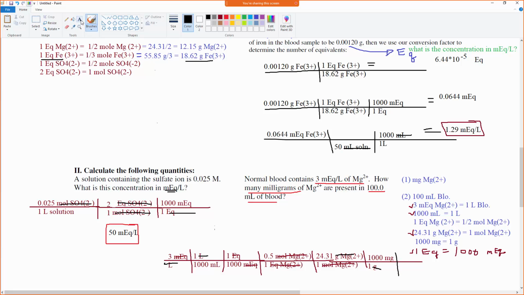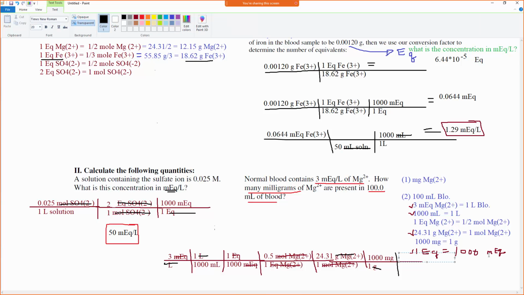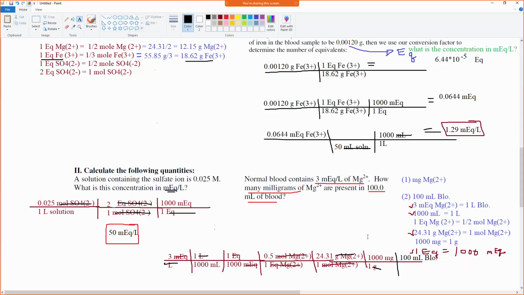And now, very last piece, 100 milliliters blood. And milliliters cancels. And I'm left with milligrams, which is what I want. And I used this piece right here, and this piece at the end. Yeah, I did use that piece.